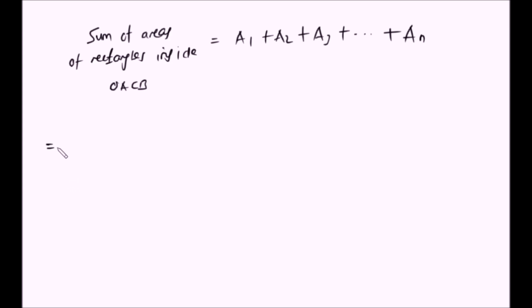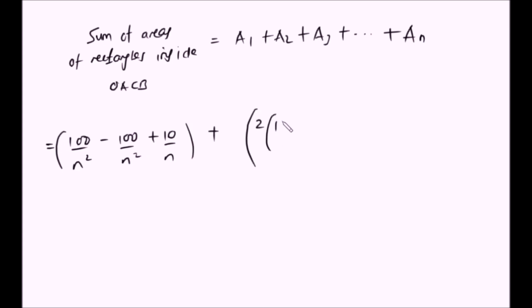So the area of the first rectangle I said is 100 over n squared minus 100 over n squared plus 10 over n. This is the first one. The second one now is 2 times 100 over n squared minus 100 over n squared, no bracket there, plus 10 over n.